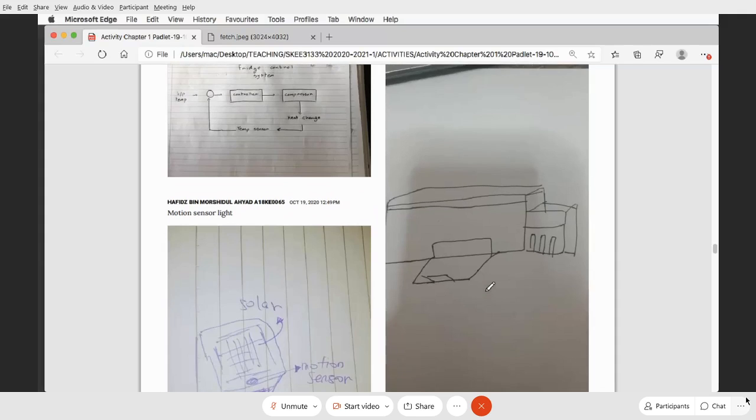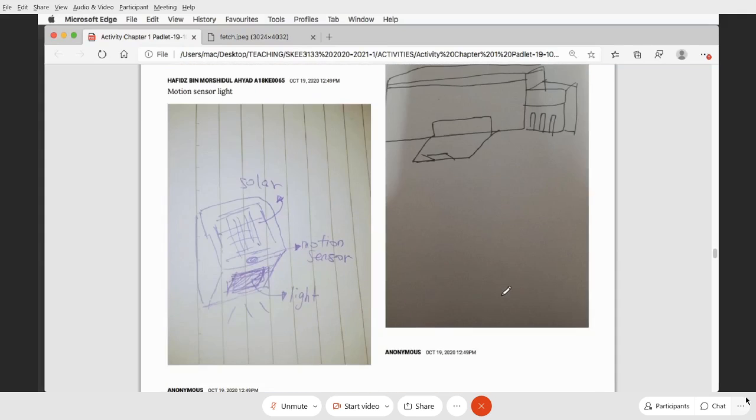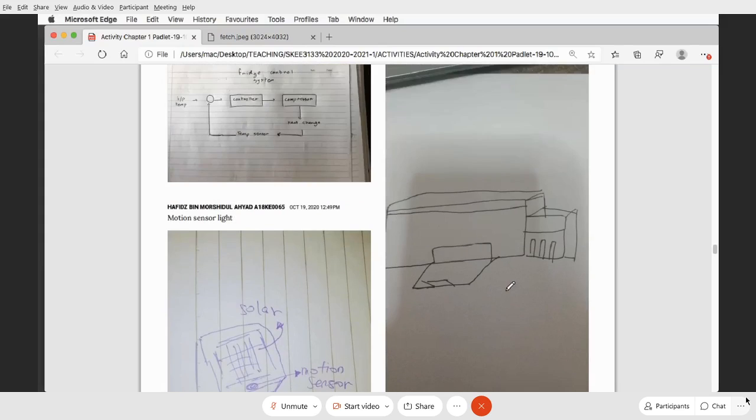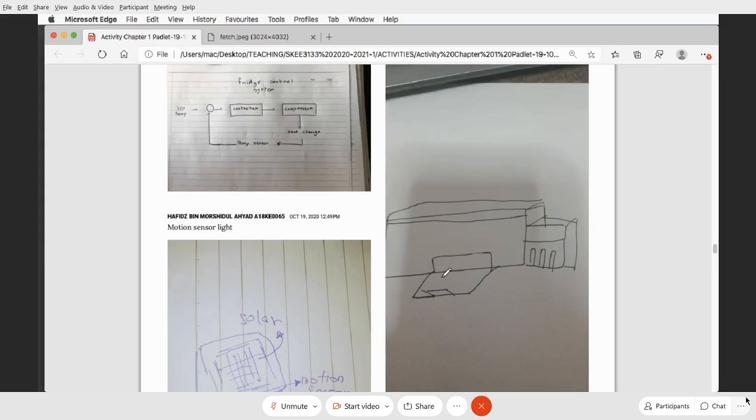Is there any question? This one, printer. What do you mean, printer? The idea is you can draw the process. What is the input? You put the paper there, and finally they come out with the text.